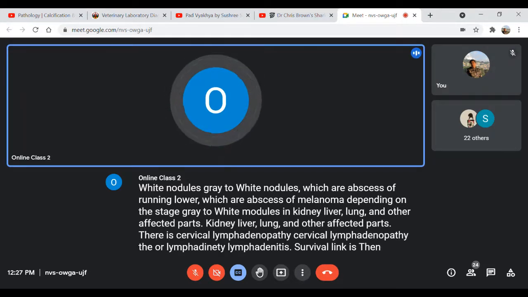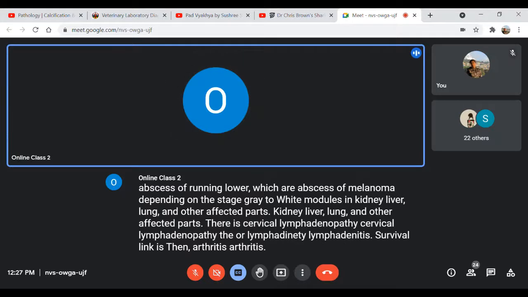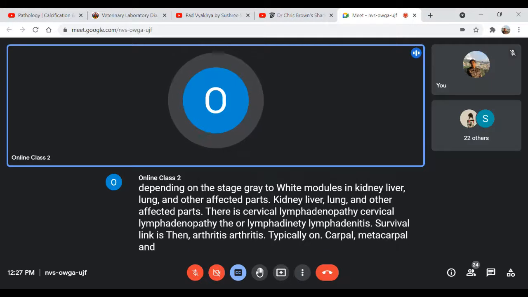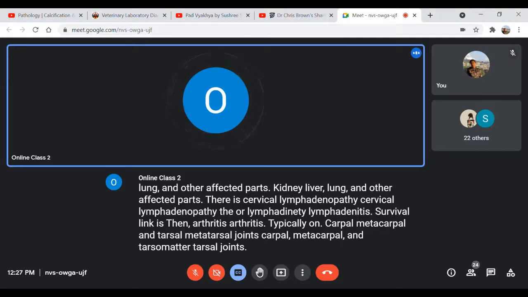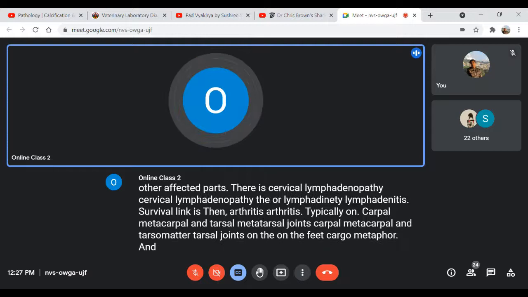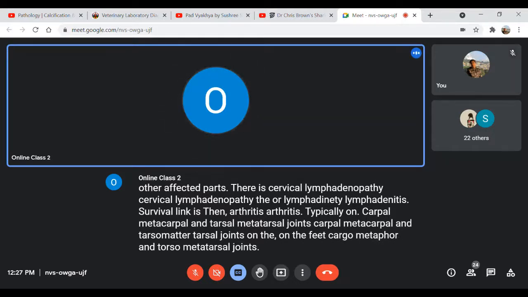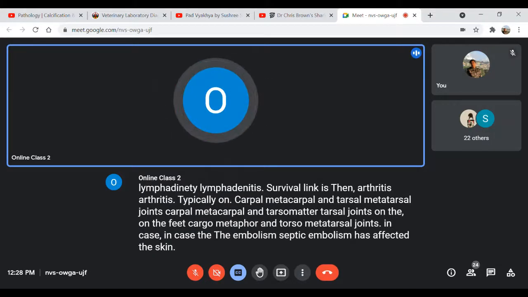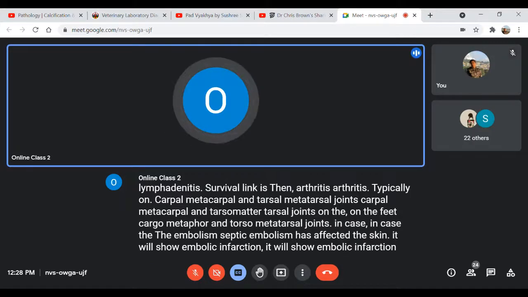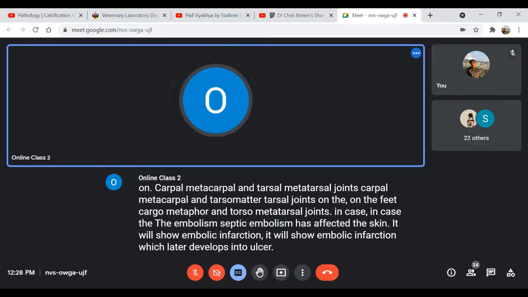Then arthritis, typically on carpo-metacarpal and tarso-metatarsal joints on the feet. In case the septic embolism has affected the skin, it will show embolic infarction, which later develops into ulcers and fistulas.